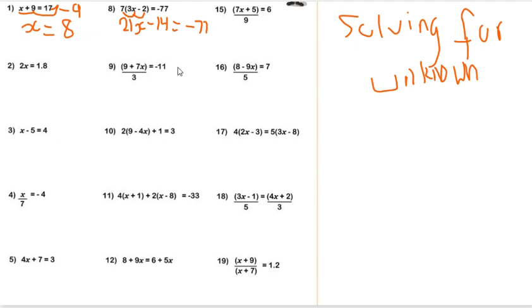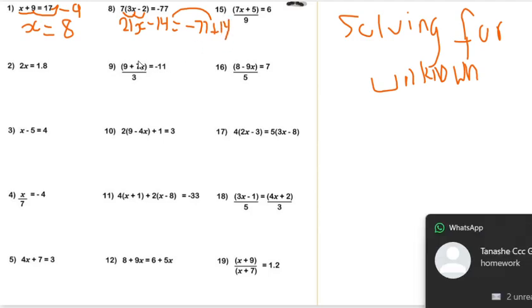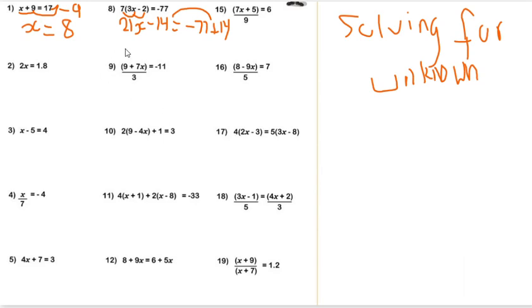Once we have that, we have to isolate the 21x. So we bring the 14 to the other side, which becomes positive 14. Now we are left with 21x.